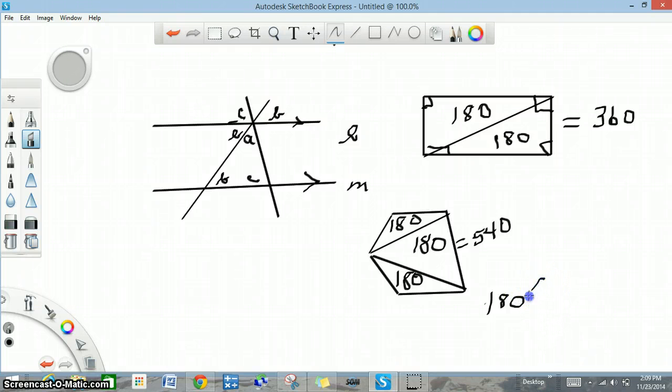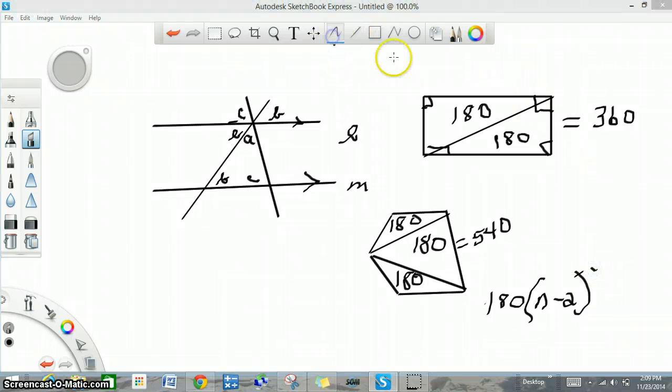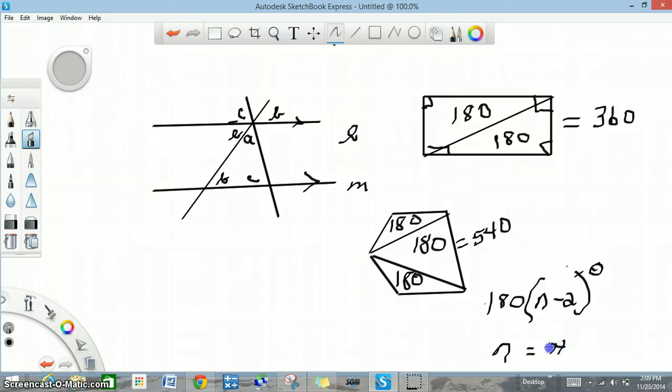It says that 180 times n minus 2 degrees gives us the measure of the interior angles of any figure, where n equals the number of sides. And that will hold for any polygon.